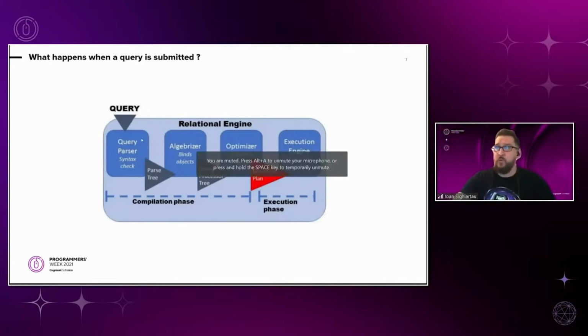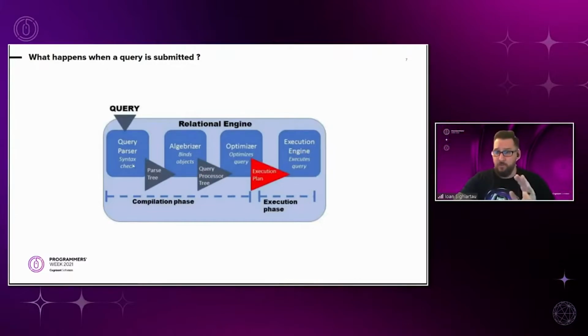For example, we have the query parser. This is the process that will make sure that the syntax is all okay. For example, if you have written selct instead of select or form instead of from, it will just give an error and the story will end up there.